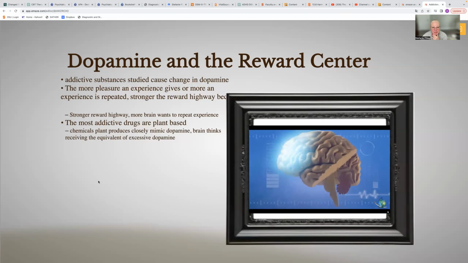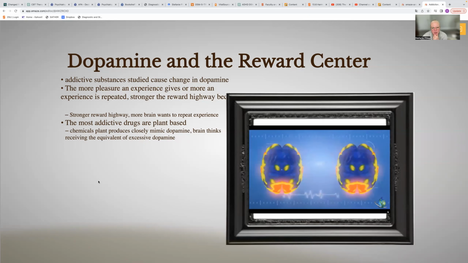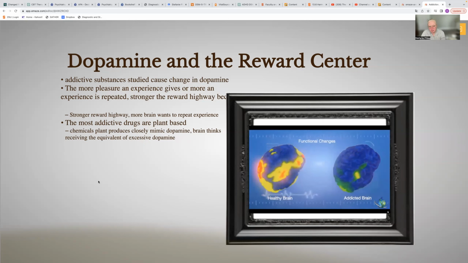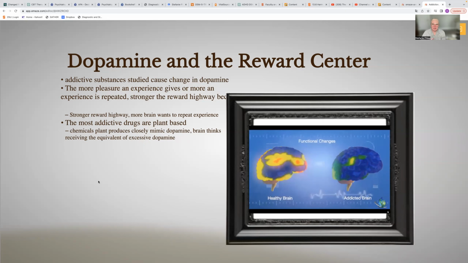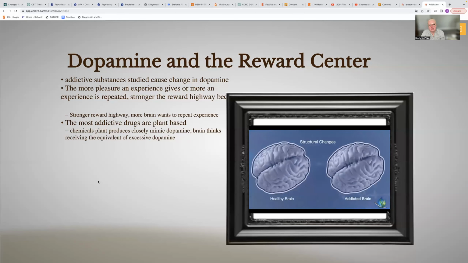So addictive substances studied cause changes in dopamine. The more pleasure an experience gives, or more an experience is repeated, the stronger the reward highway becomes. The reward highway is a neural pathway. The stronger that reward neural pathway is, the more the brain wants to repeat the experience.